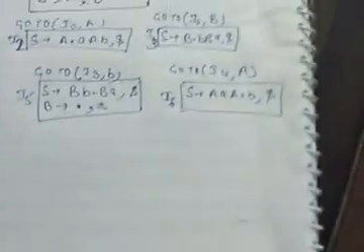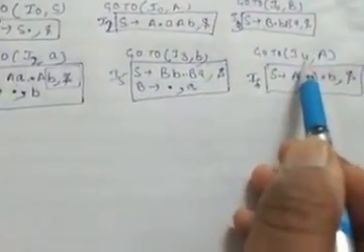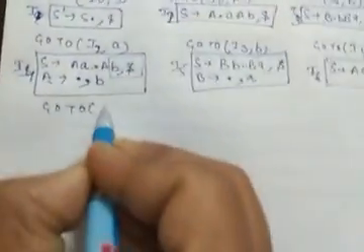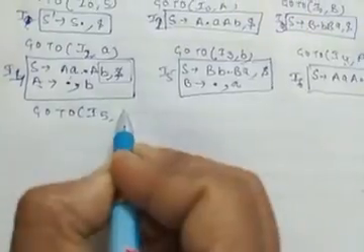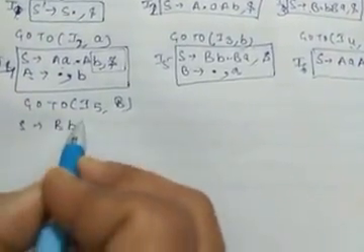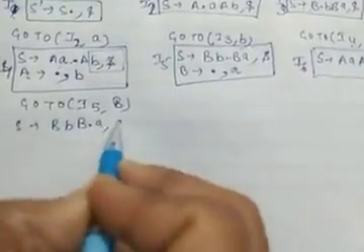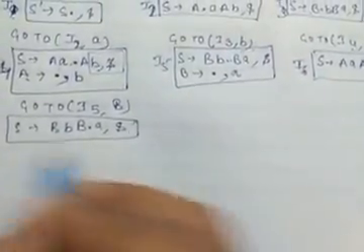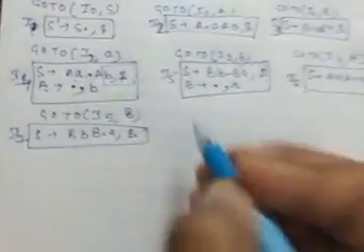Now move to I5: go to I5 of capital B and it will become S to B dot A comma dollar and it will become the I7 state.